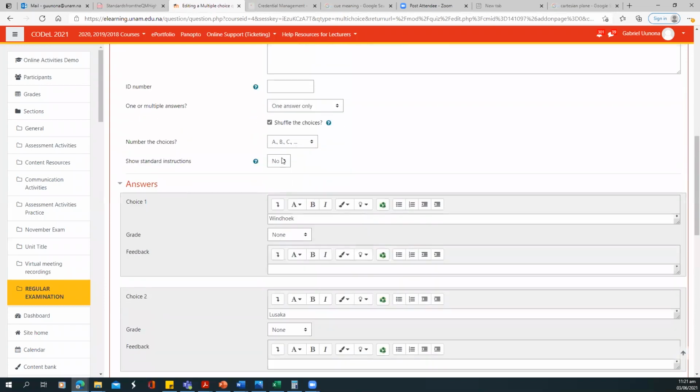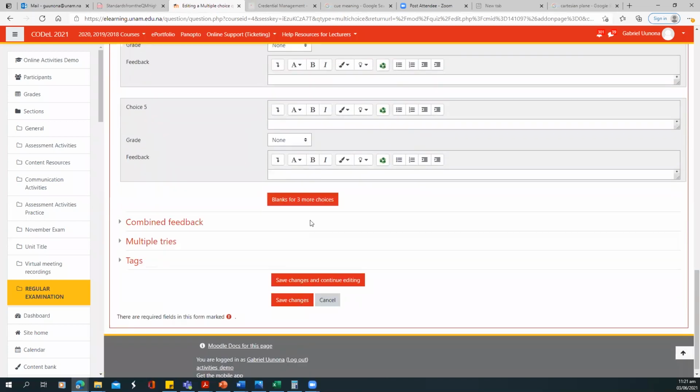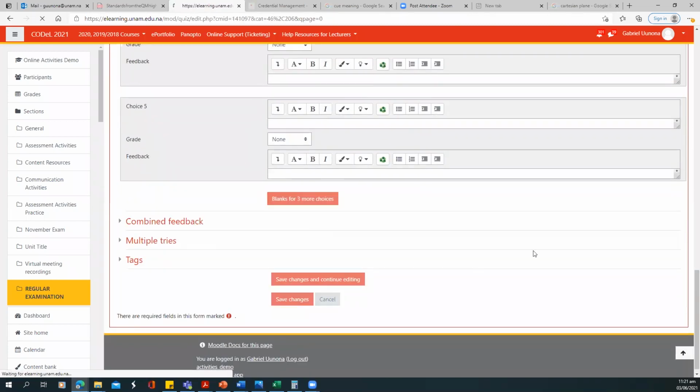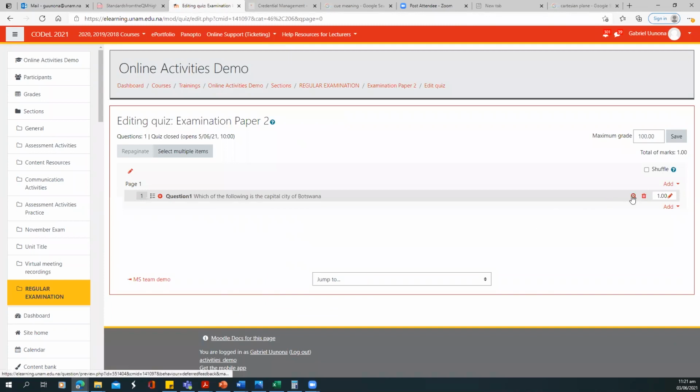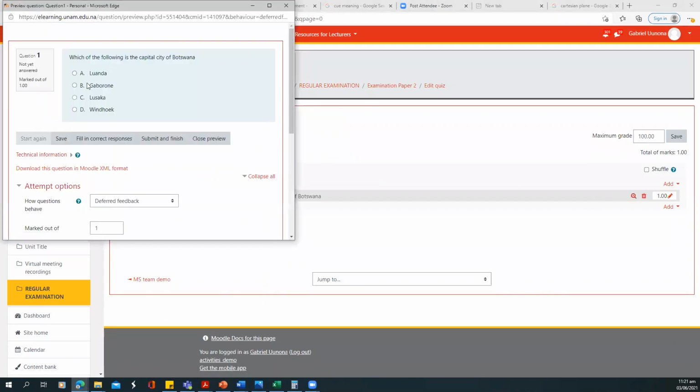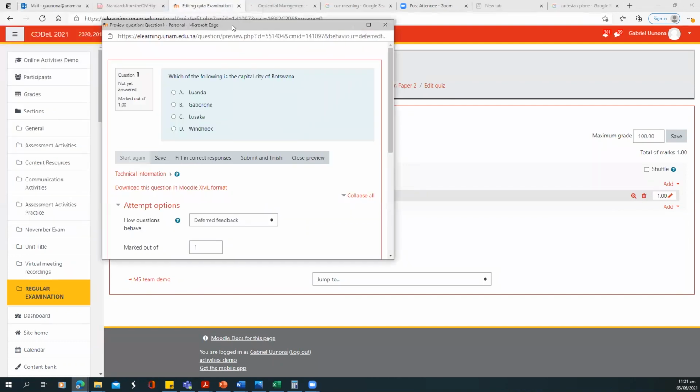Now take note, because we shuffle the choices for each student, let me just save it and preview it. You will notice that Rwanda was the last thing I added, but it appears now in A. Take note that on the system, the answer is not B, the answer is Gaborone.